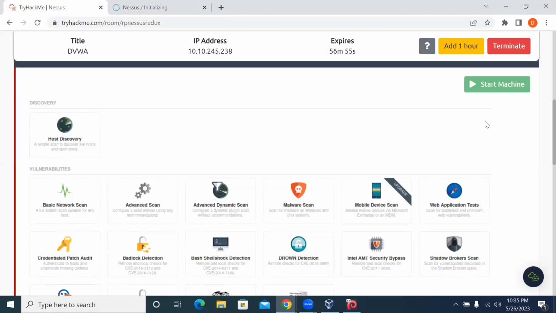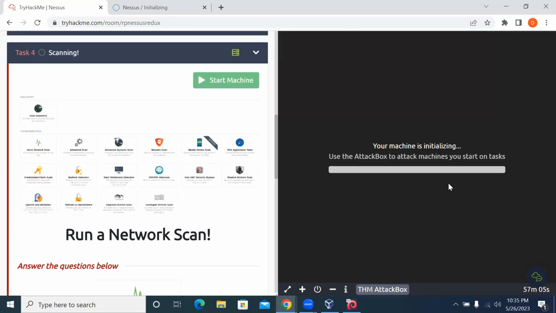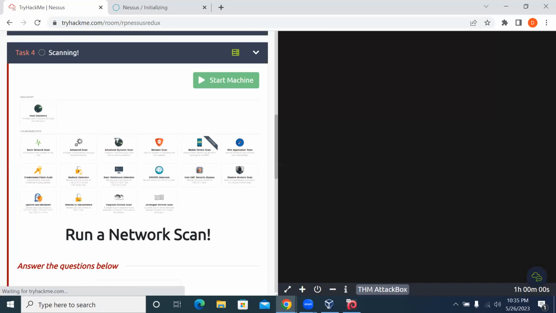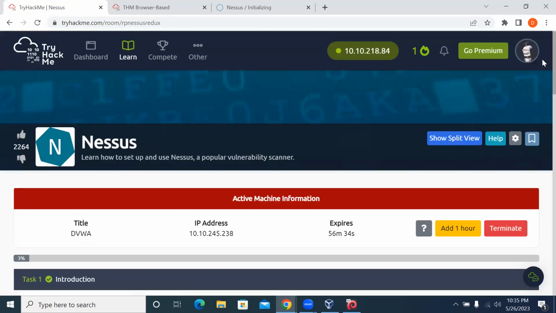While we are waiting for that, let's see if our machine has finished loading. Okay, so our machine has finished loading. Let me split it again so that I can minimize this.